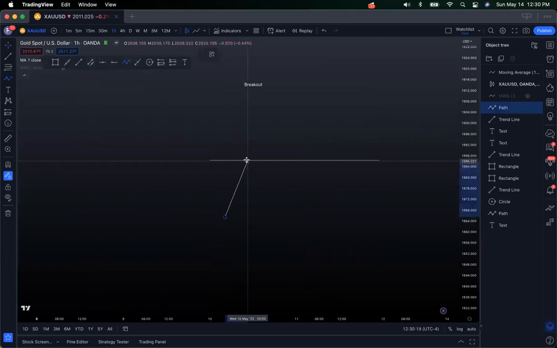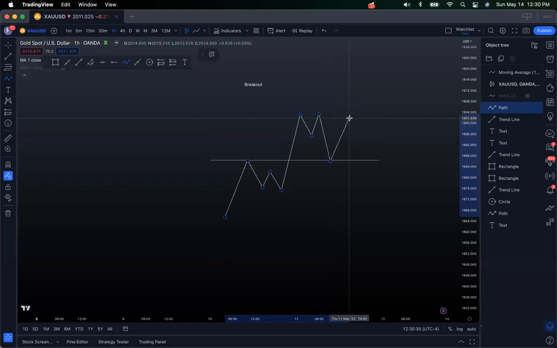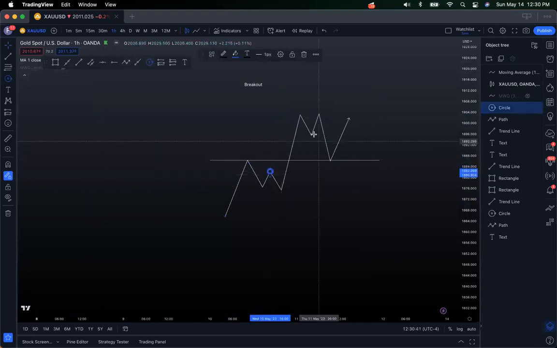Price is going to come to it. It's going to miss it. Breakout. It's going to try to test this level. Tap it and go. So you're going to have a miss here and a miss here.